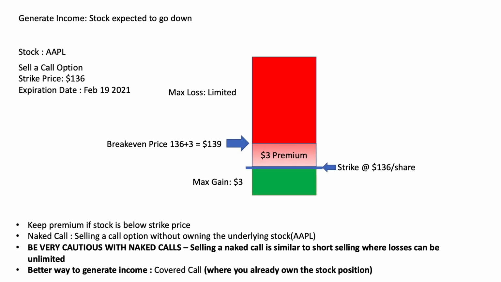However, there is a better way, and that's known as a covered call, where you own the stock position already. So in the situation of a covered call, your loss is limited by the fact that you already own the stock. Let's say you owned Apple at $100 per share. You sold a covered call at $136 per share. And then if Apple's stock were to go to $150, you would still sell the stock at $136, but you don't have to buy it at $150.